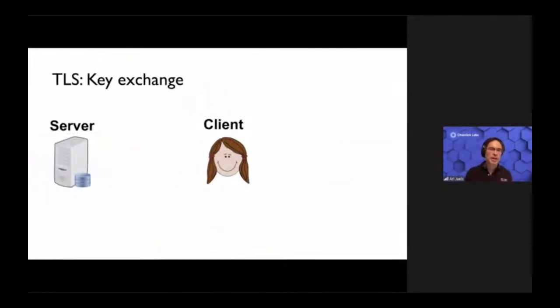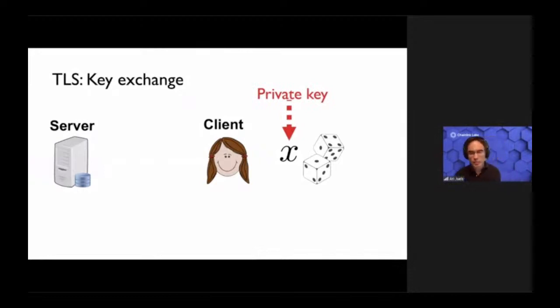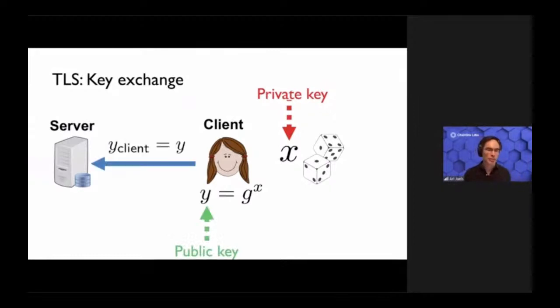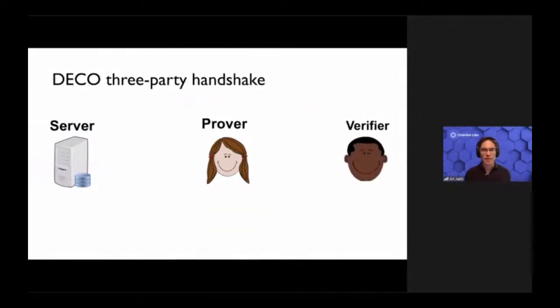In a normal TLS key exchange, the client randomly generates a private key, which we'll call X. She then computes the corresponding public key, Y, and she sends this to the server, this Y or Y sub client. In Deco, what happens is something like this.